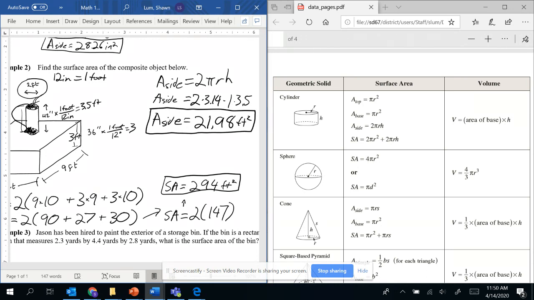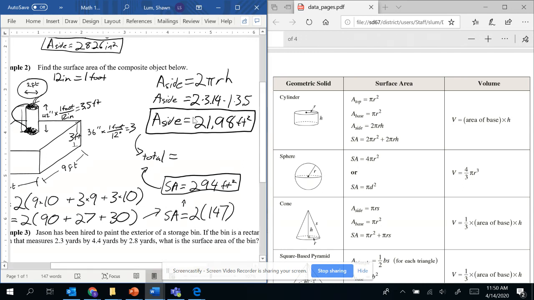Now, if I want to find the total surface area of this weird object, I need to add these two things together. So this number and this number need to come together to make the total. The important thing is that I kept everything as feet right here.